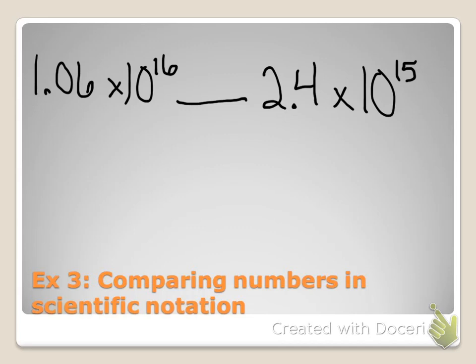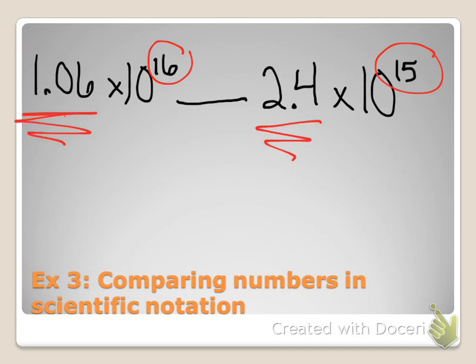Okay, so the first thing you do whenever you're comparing numbers in scientific notation is you look at the exponent. If the exponent is the same, then you just look at the decimal and compare which decimal is bigger. If they are different, like they are here, then the larger exponent will always be greater.